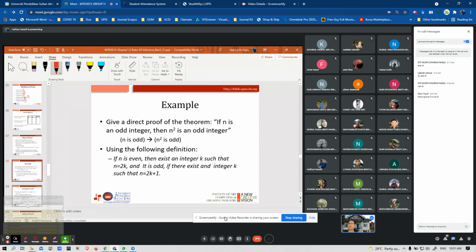And then we have an example: if n is even, then there exists an integer k such that n equals 2k. If it is odd, then there exists an integer k such that n equals 2k plus 1. For this one, you need to insert all of this in the statement.